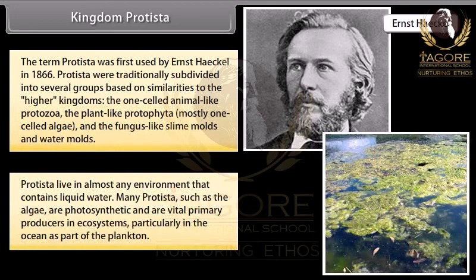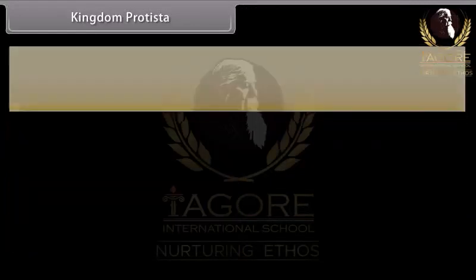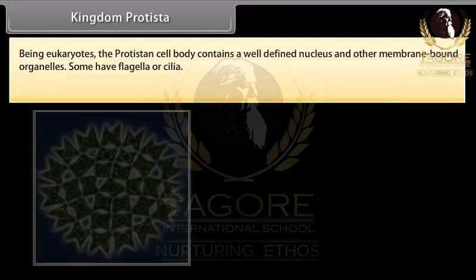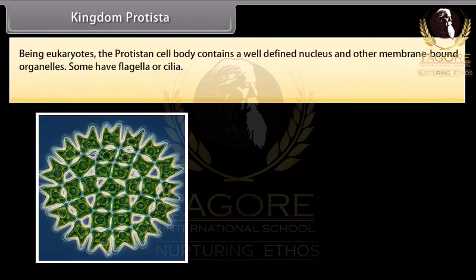Many Protista, such as the algae, are photosynthetic and are vital primary producers in ecosystems, particularly in the ocean as part of the plankton. Being eukaryotes, the Protistan cell body contains a well-defined nucleus and other membrane-bound organelles.